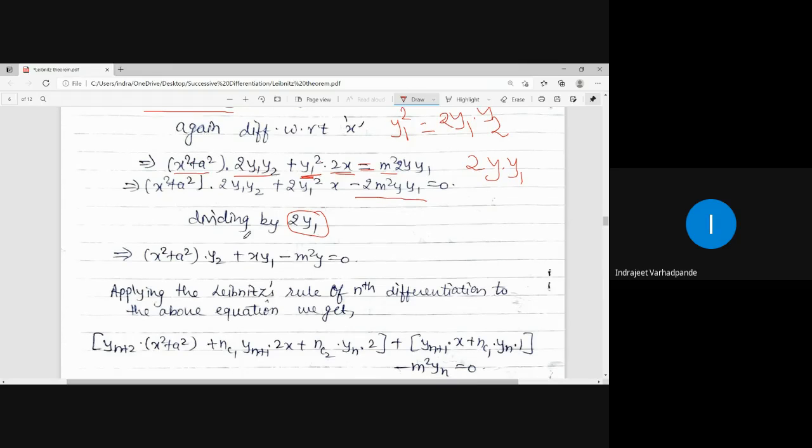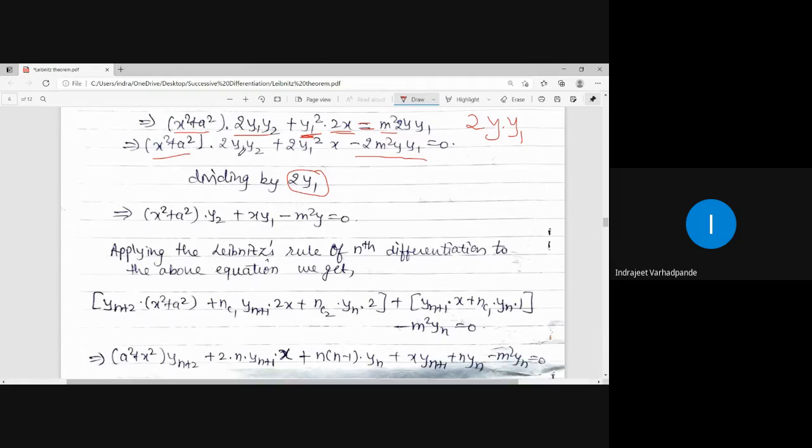So what I am getting there: x square plus a square into y2 plus, 2 is gone, y1 is gone, only x and y1 remain, minus m square y is equal to 0. So what is the result which I have got in the form of y1 and y2? x square plus a square into y2 plus x y1 minus m square y is equal to 0.